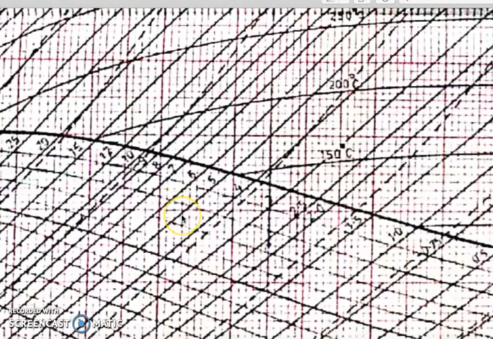The 5 bar line is this. So the condition at the exit will be found to be this one, and we can read the values of dryness fraction, enthalpy, entropy and specific volume from this point directly. We don't need to calculate as much as we needed to in the case of steam tables. So the question duration will be reduced from 10 minutes to 2 minutes.